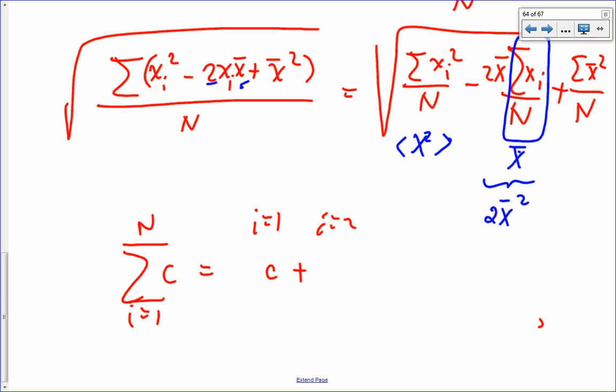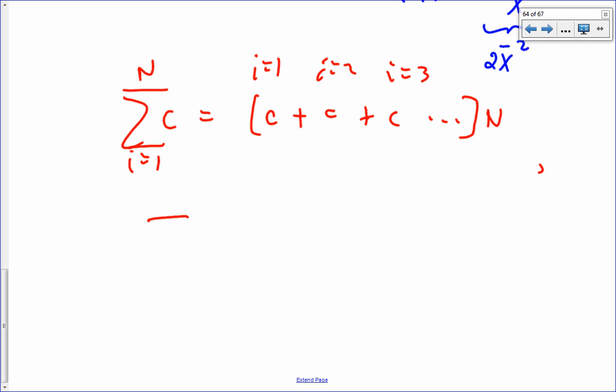For i equals 2, there's another C. For i equals 3, there's another C. And so on. How many C's do you have here? n, right? So the summation of x bar squared is just a constant. So the summation of x bar squared, from i equals 1 to n, is just n times x bar squared.